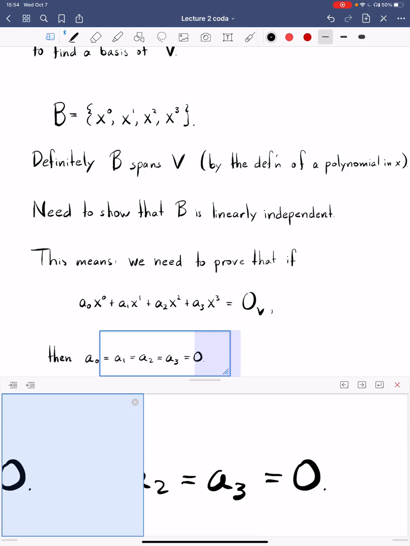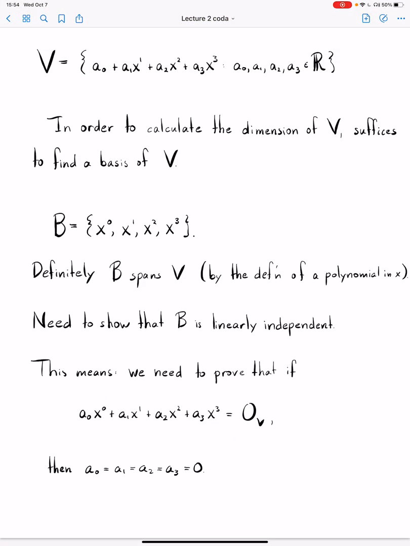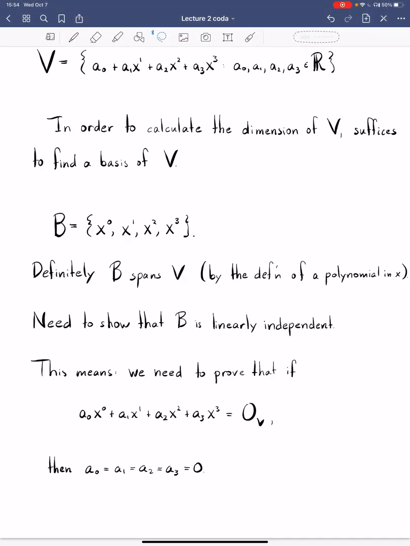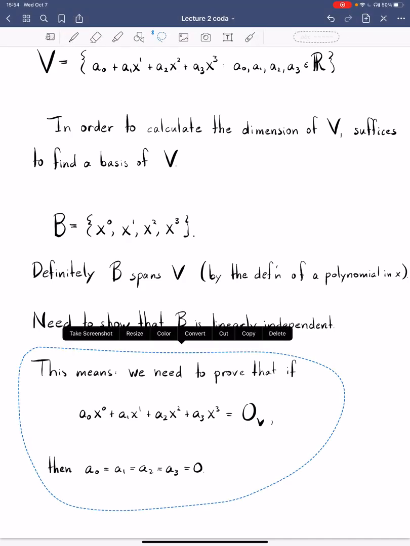Okay, so that's what is required to be done in order to show that B is a linearly independent set. Okay, so let me drag that over to the next page.